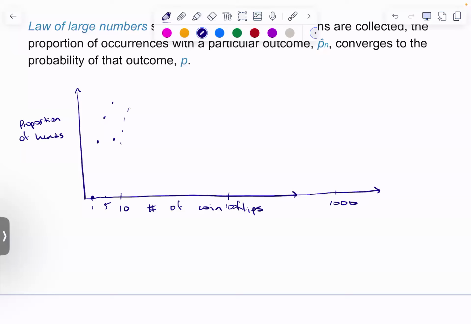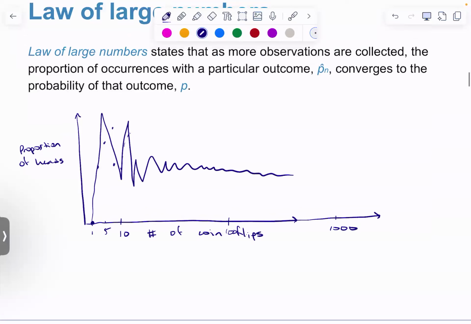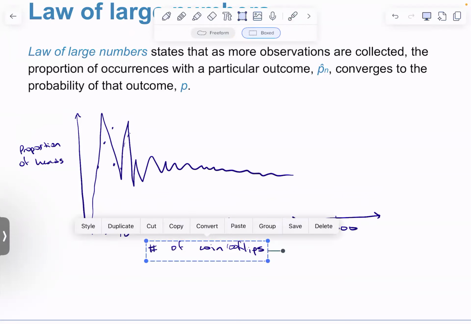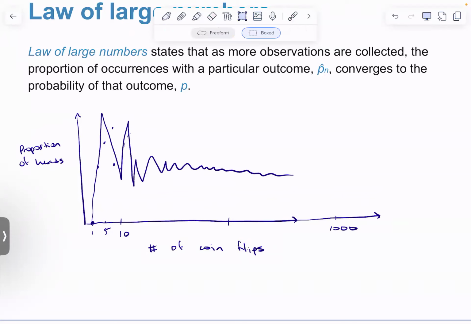So what happens is we get this kind of scenario. I know, kind of a leap. I'm telling you. Okay. So as we increase the number of coin flips, we expect the proportion to even out.